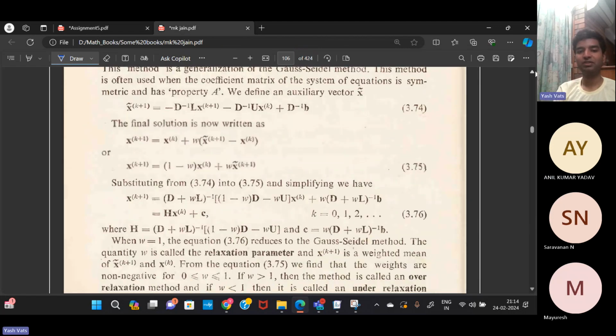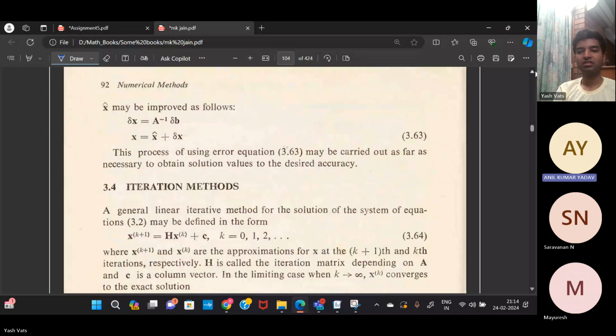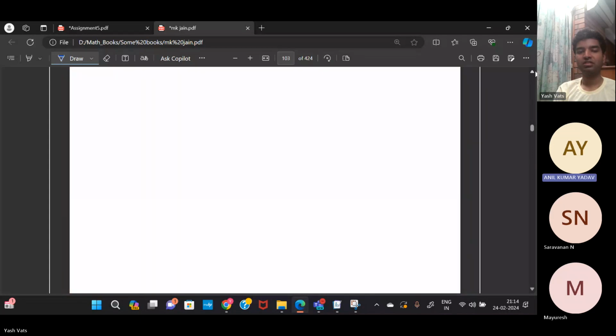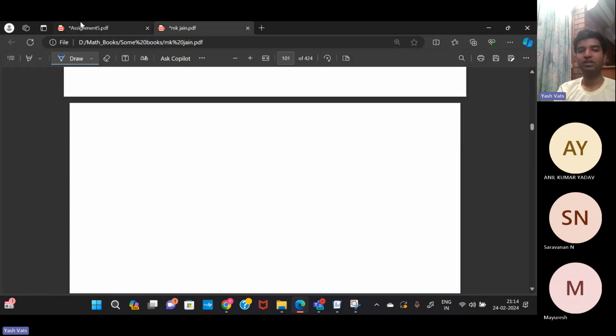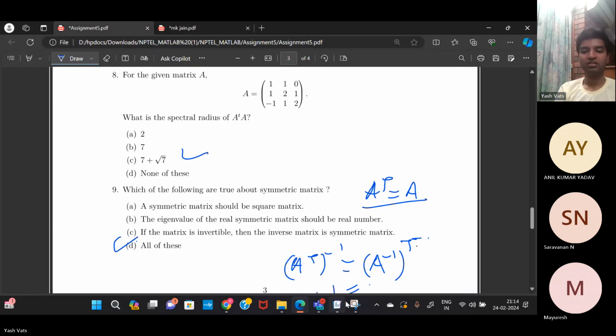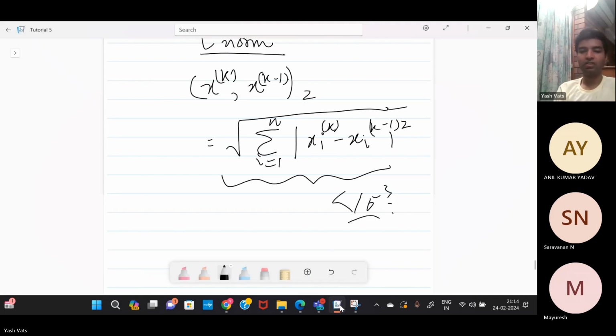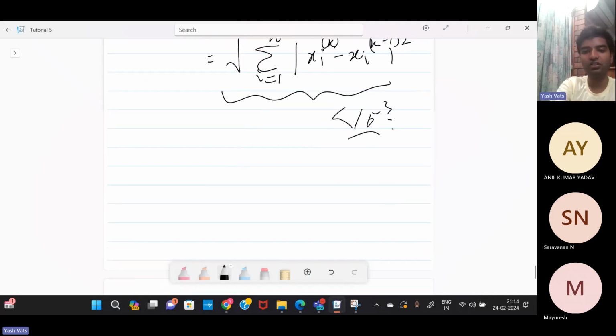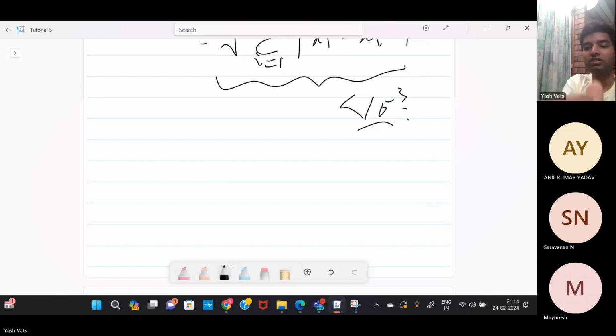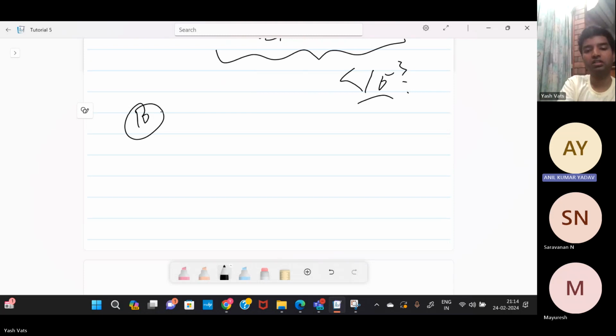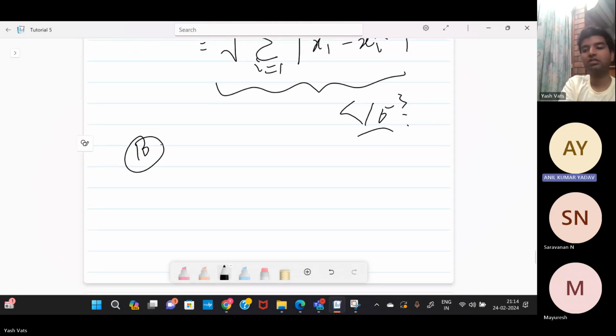Question number 10 is: which of the following statements is not correct? The first option, sir, is not related. The related one is: no eigenvalue of a matrix A exceeds the norm of the matrix.